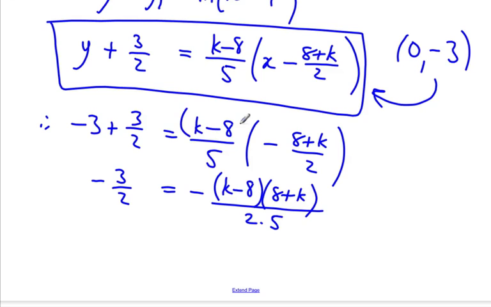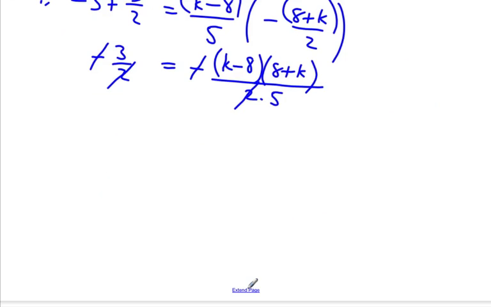This one here, that one there, multiplied together. There's your minus sign, which I've put down here. And that's a 2 and that's a 5 on the bottom line, so there it is. Now I'm just going to cancel things that are common. Cancel the minus, cancel the minus, cancel the divided by 2, cancel the divided by 2, just to make it easier. And what are we left with? A 3 equals k minus 8.